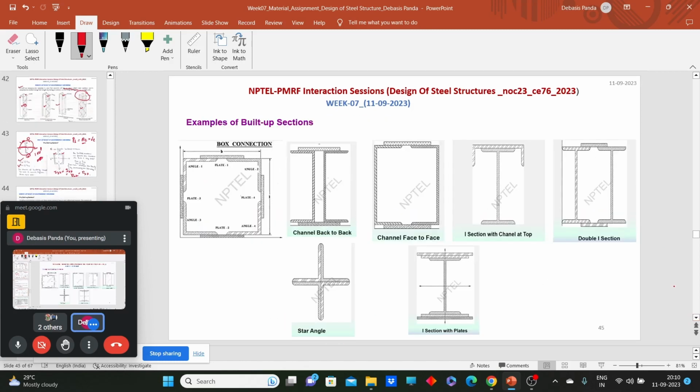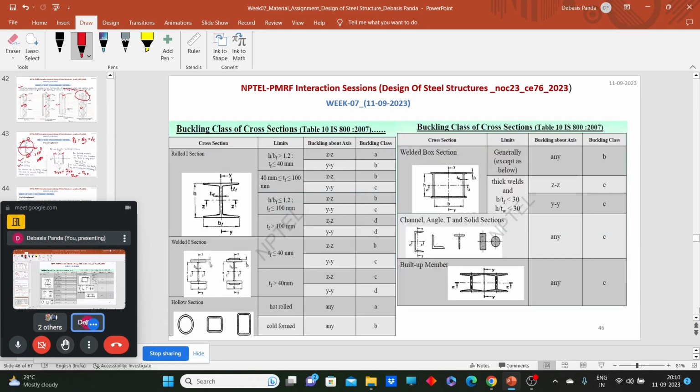So what I said, different kinds of shapes can be there. Say channel back to back, this is box type, this is channel face to face, and all these things. Okay. So first, to calculate the design strength of this kind of member, we need to understand under which buckling class they come. They come under buckling class C. Table 10 of IS 800:2007 says that all the built-up members come under buckling class C. So we have the buckling class, and now we can calculate the value of alpha.